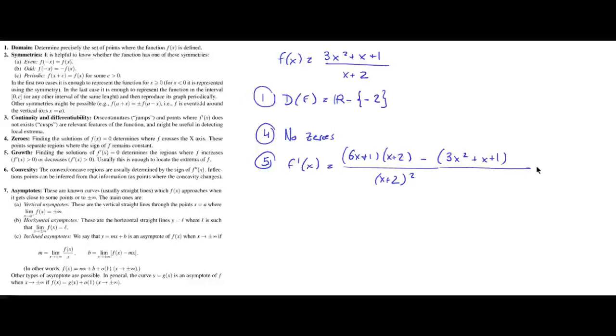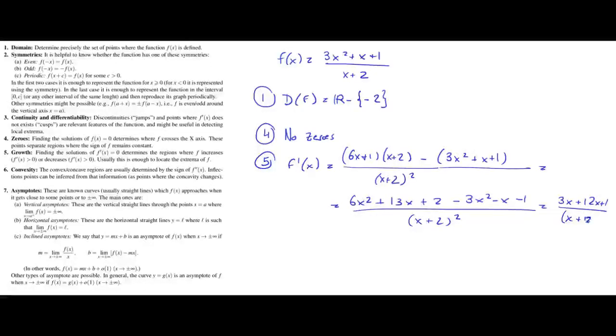If we expand this, we have 6x squared plus 13x plus 2 minus 3x squared minus x minus 1, divided by (x plus 2) squared, or in other words, (3x squared plus 12x plus 1) divided by (x plus 2) squared.